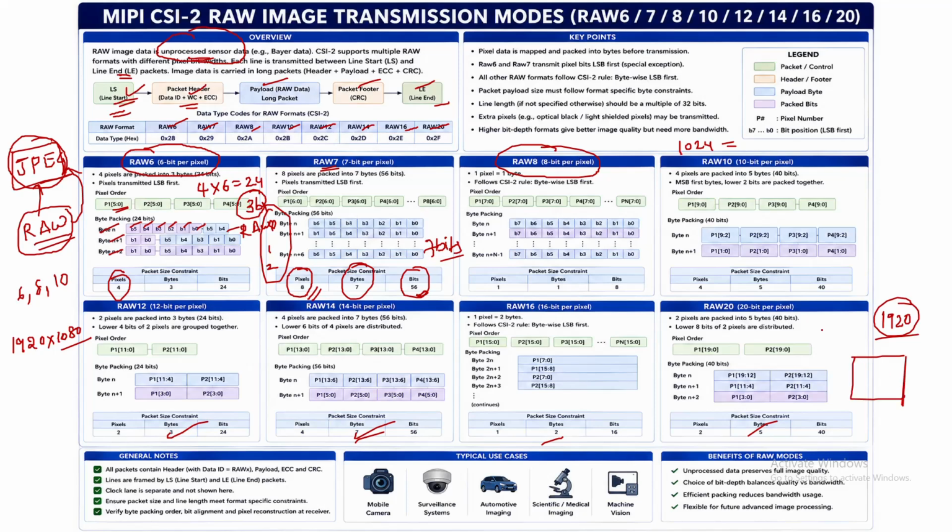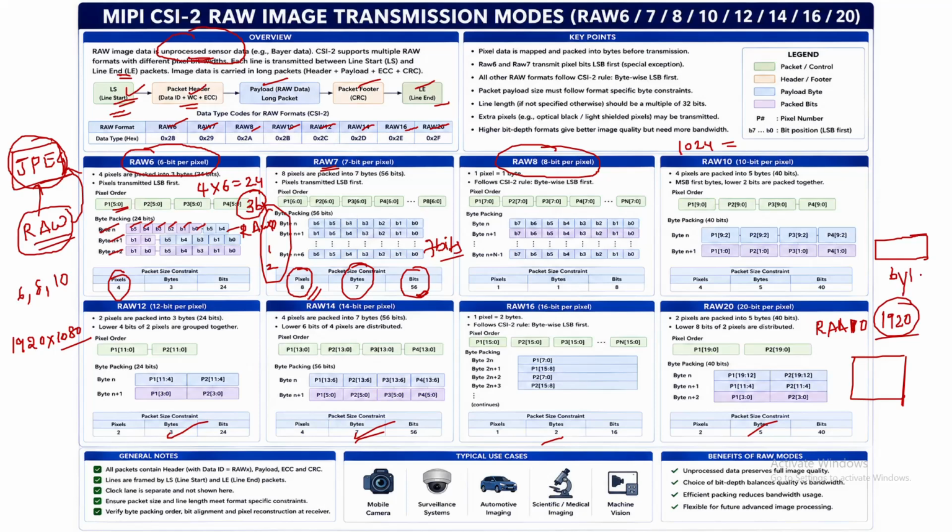Suppose you are taking RAW10, which means 10 bits per pixel are transmitted.